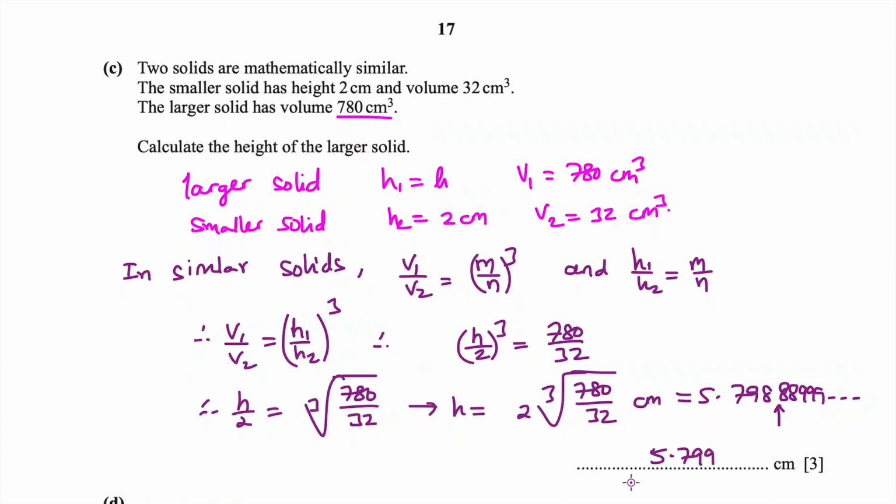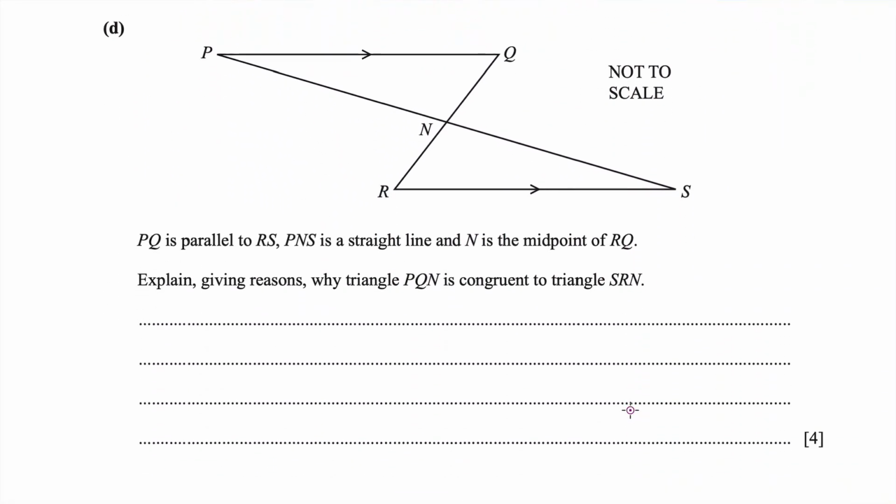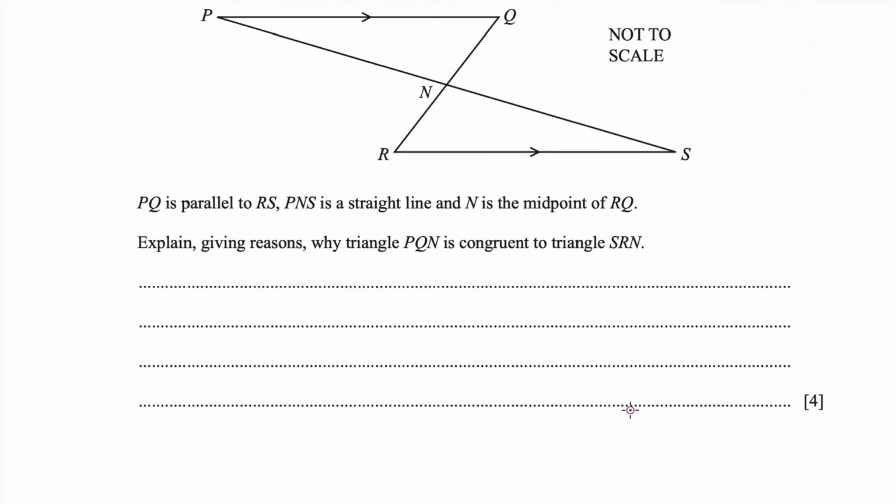Or I can also write 5.80 by rounding it off to 3 significant figures. So this completes the question. Again, the most important point to remember, if the scale is m/n, then the areas would be m by n whole square and volumes would be m by n whole cube, and applying that directly. Okay, so now let us go to question number D.